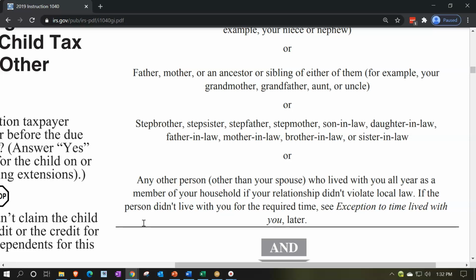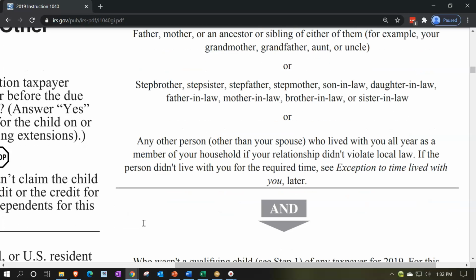If the person didn't live with you for the required time, you can see the exception to the time lived with you later. So that's a much broader category that could be included here.